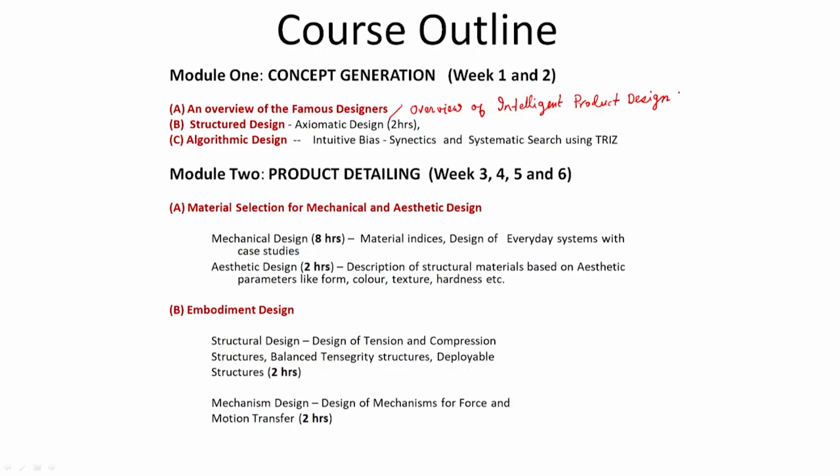In the mechanical design, I will talk about material indices, and design of everyday systems with certain case studies. In the aesthetic design, description of structural materials based on the aesthetic parameters, like let us say color, texture, form, hardness, compliance, etc. And then, once you know about the materials, I will talk about how we use the materials to create a product form, which means the embodiment design.